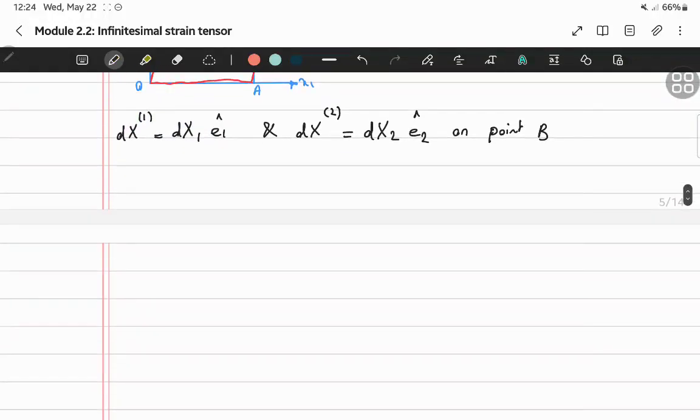So if I do the same, dx1 is the capital X1 plus del u.